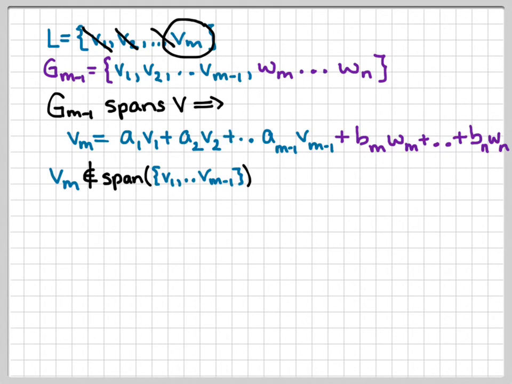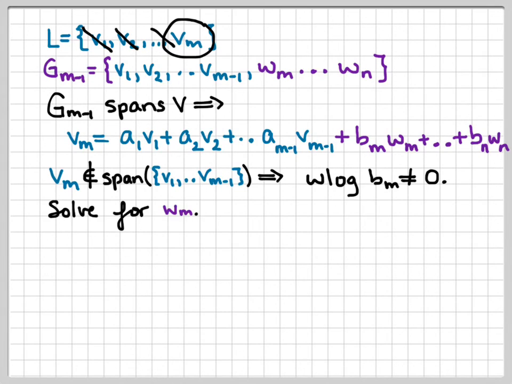Because I don't know which one is non-zero, again, I can just rearrange the W's, change the numbering so that I can assume it's B sub m. So we'll say, without loss of generality, B sub m is not zero. Okay, so I can solve for Wm. That means I'll have Wm in terms of all of the V's and then the W's other than Wm. So Wm will be in the span of this set.